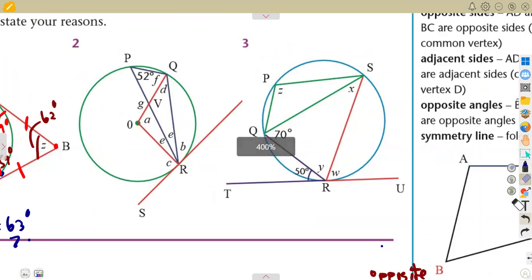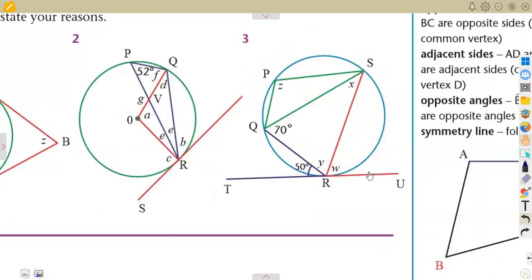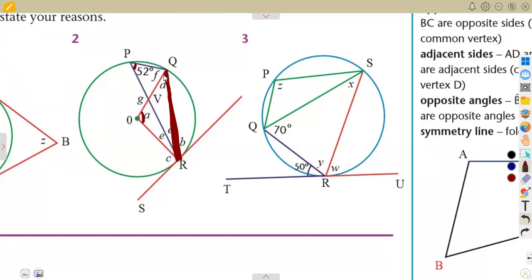Number two, we are given again to calculate these sides. The only angle that you're given is 52 degrees, which is at P, this one. How can we answer our question? All right, let's see. According to this, we can see that the angle at A is going to be twice the angle at P. Remember that this is P, QR our chord.